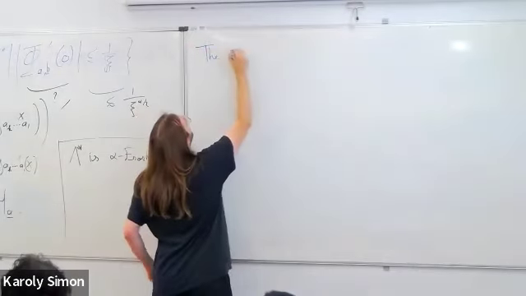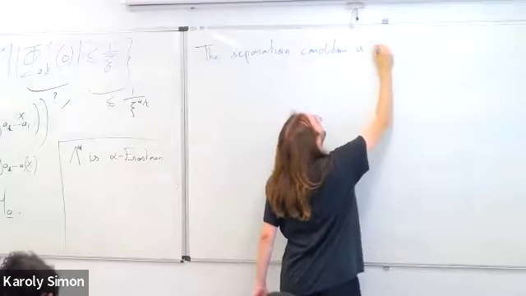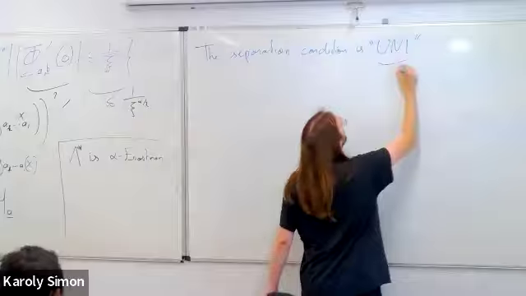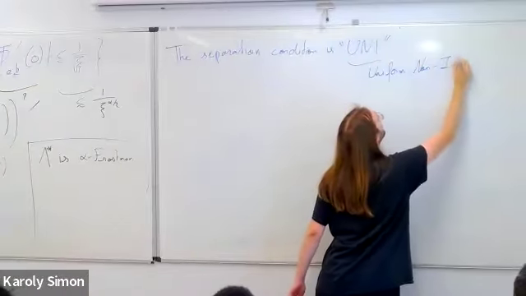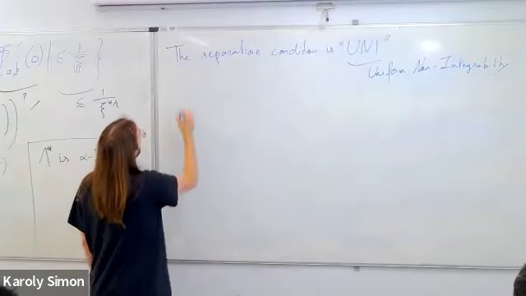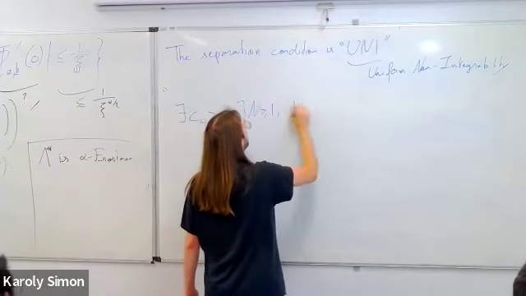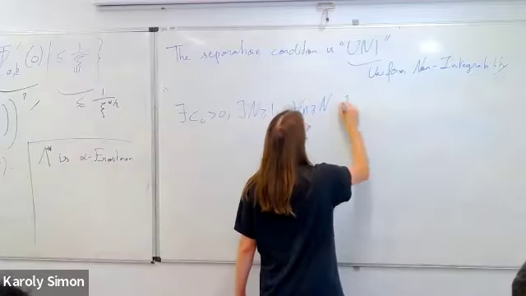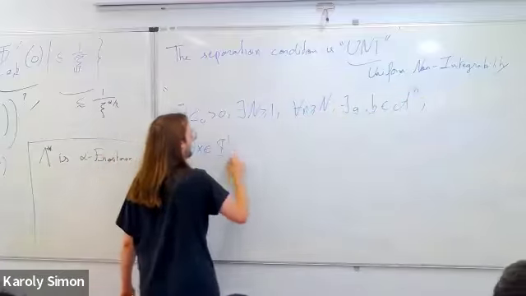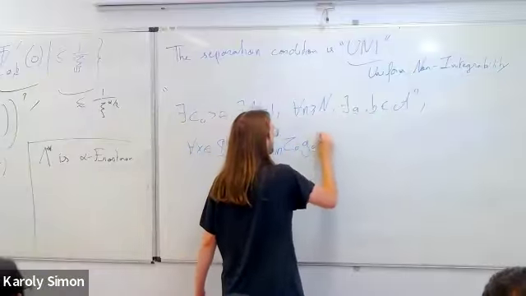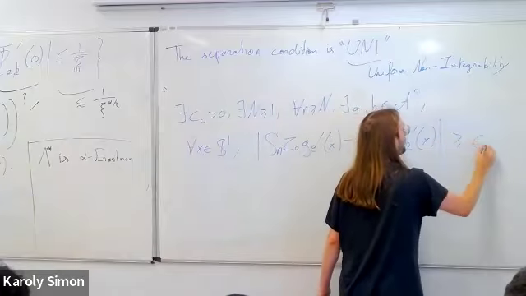So, the separation condition for uniform non-integrability says the following: there exists C0, there exists N, such that for all n larger than N, there exist A and B in your alphabet, such that for all X in your space, these quantities are at least C0.